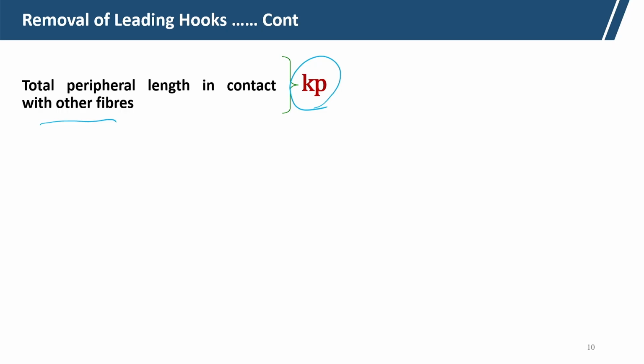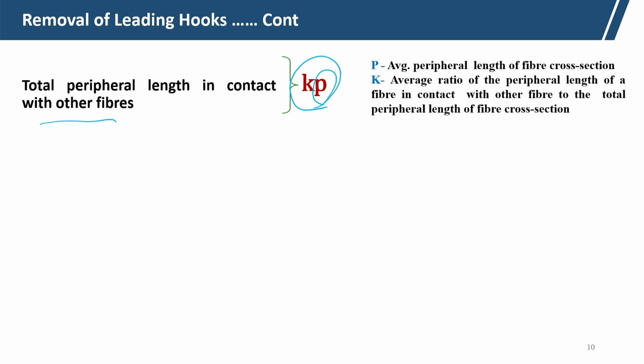P is the average peripheral length of fiber cross section and K is the average ratio, as we have discussed, of the peripheral length of a fiber in contact with other fibers to the total peripheral length.